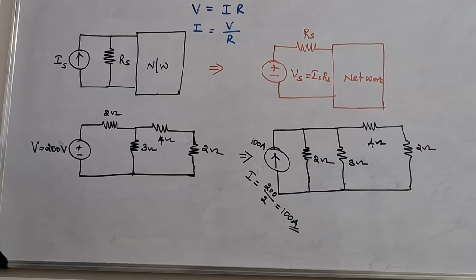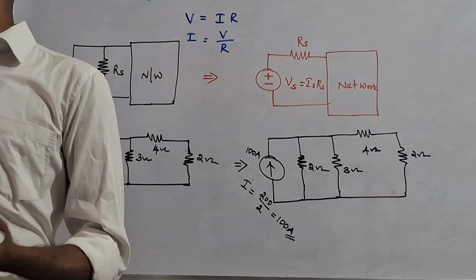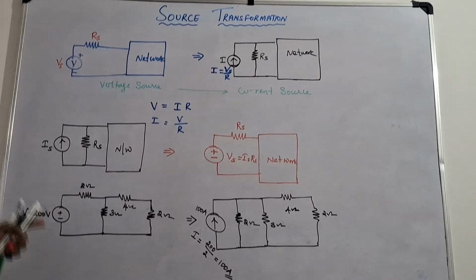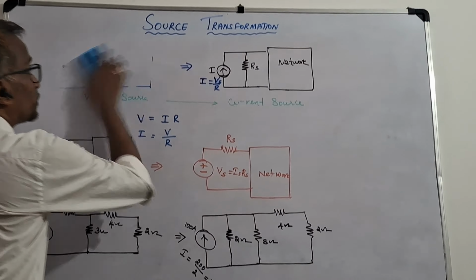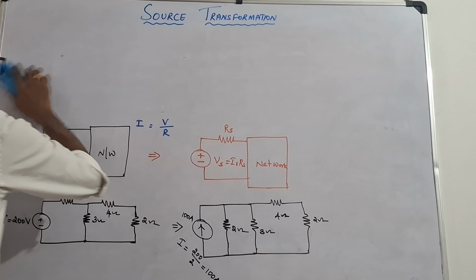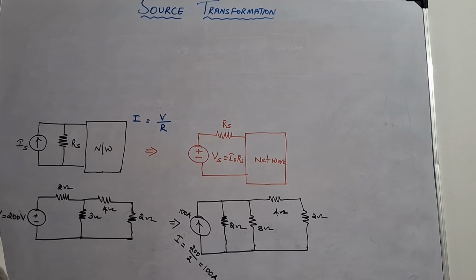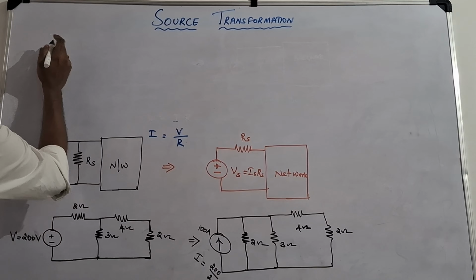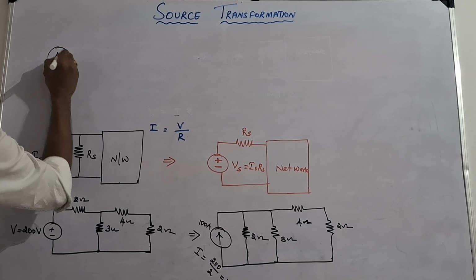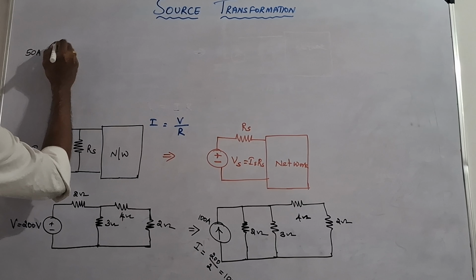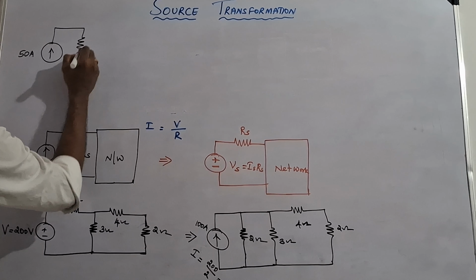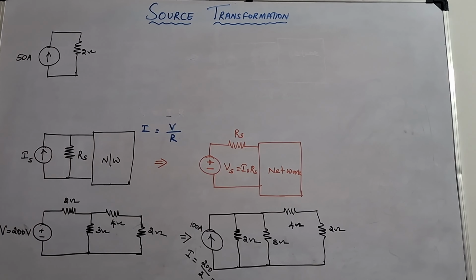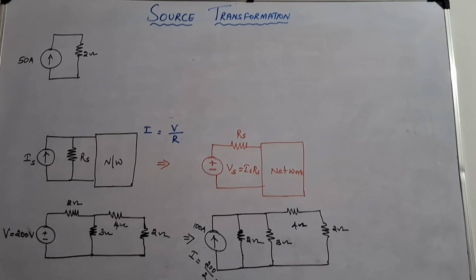Similarly, let us do it the other way, that means converting a current source to a voltage source. For that we can use another example. We have a current source of 50 amps, and here a parallel connection of resistance, which is 2 ohm.